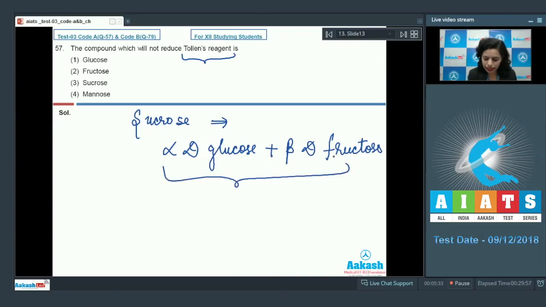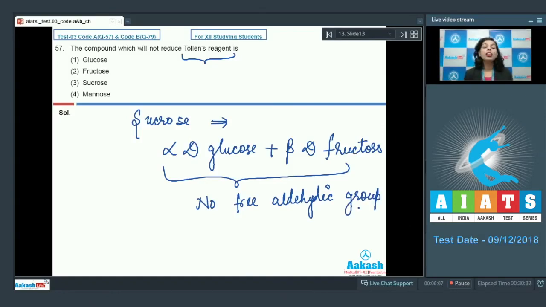And in this case, there is no free aldehydic group. So in this case, sucrose will not reduce Tollens reagent, and if it is so, definitely we can choose sucrose as the correct option because it is the compound that will not reduce Tollens reagent.